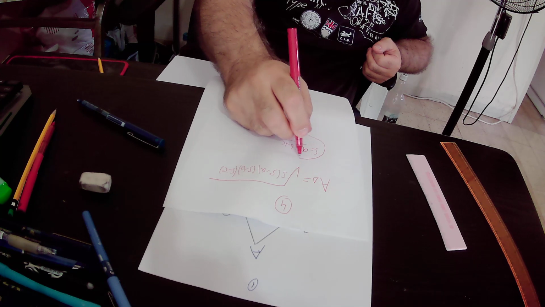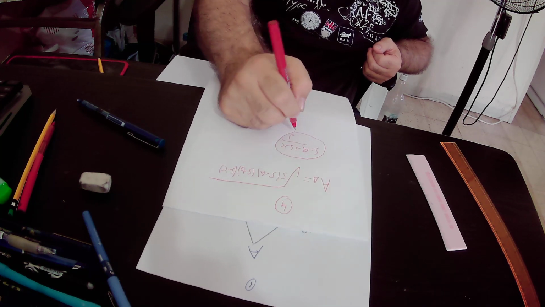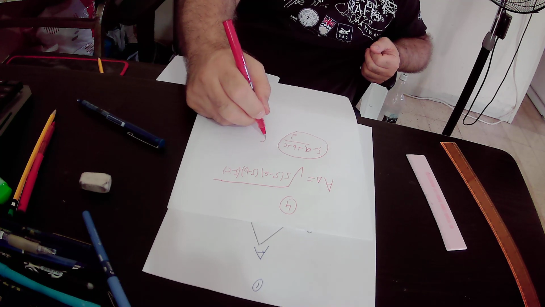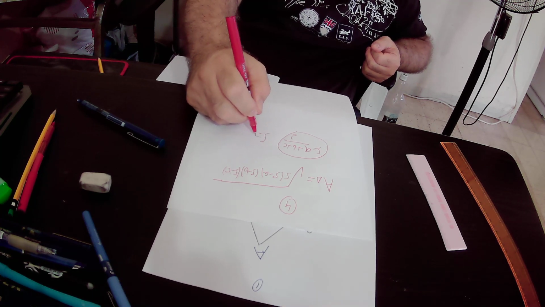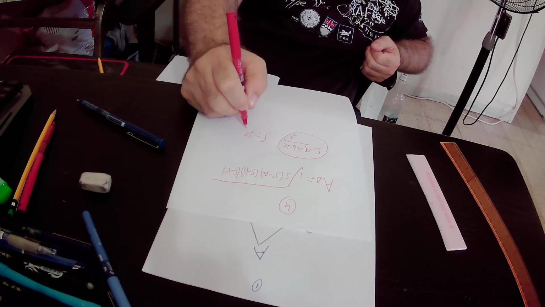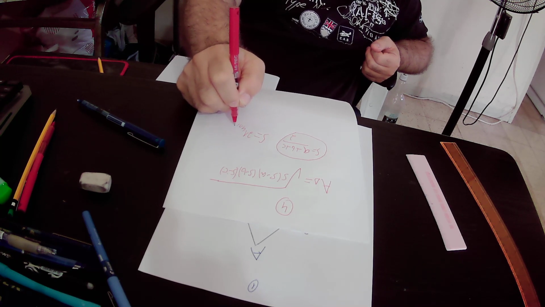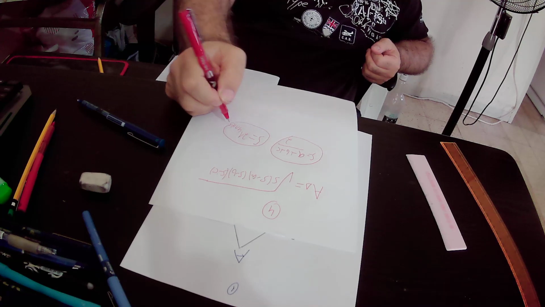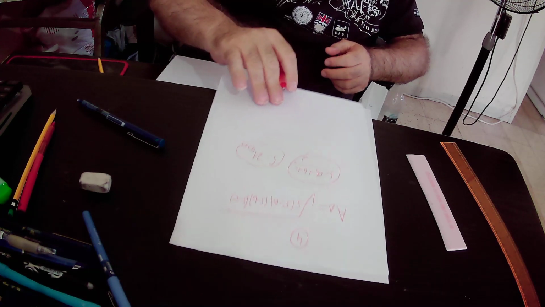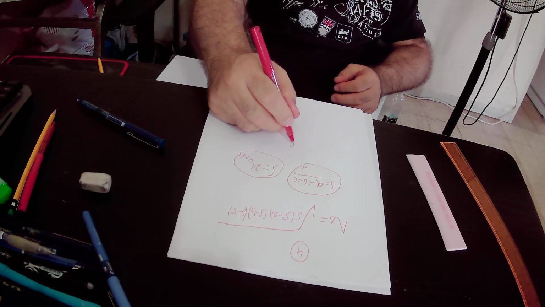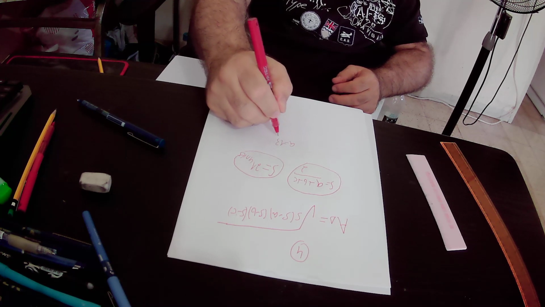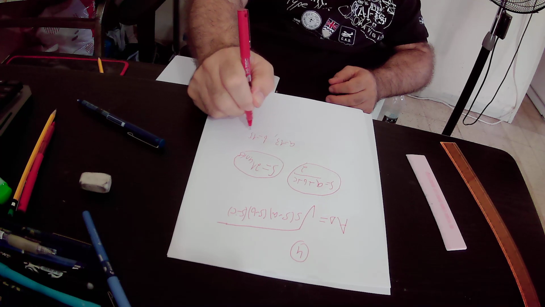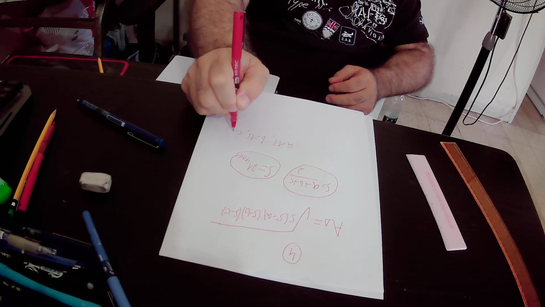Okay, S equals A plus B plus C over 2, and we have already found that the semi-perimeter of our triangle ABC is 21 units. And we know that A equals 13 units, B equals 15 units, and C equals 14 units.